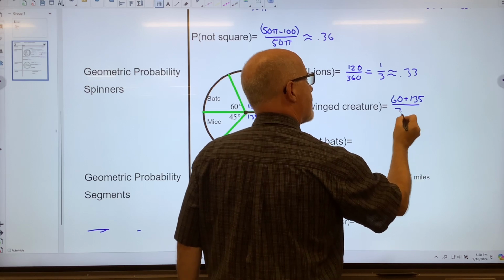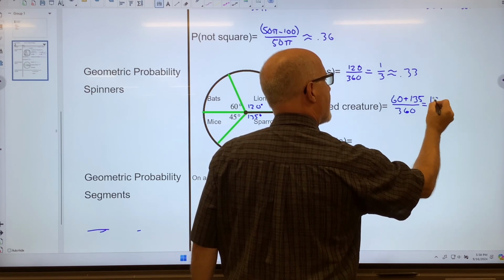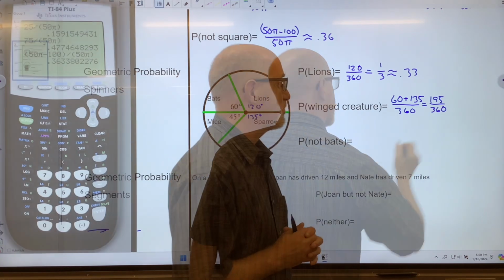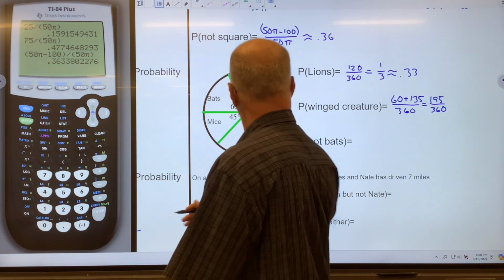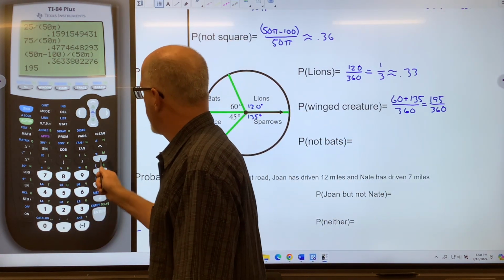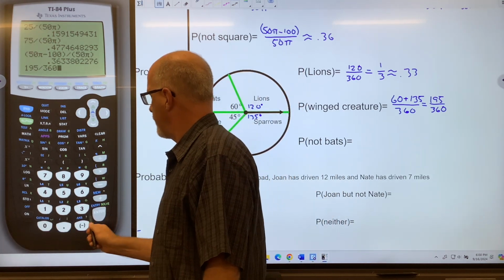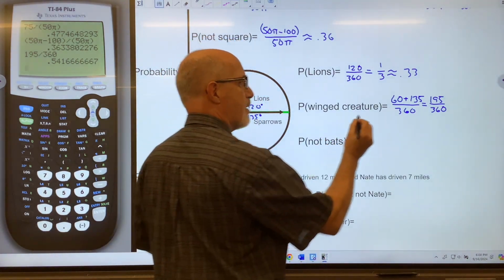I'm going to divide that by 360, so it's going to be 195 over 360. So I'm going to take this fraction and make it into a decimal. So let's go with 195 divided by 360. And I get about 0.554 for that one.